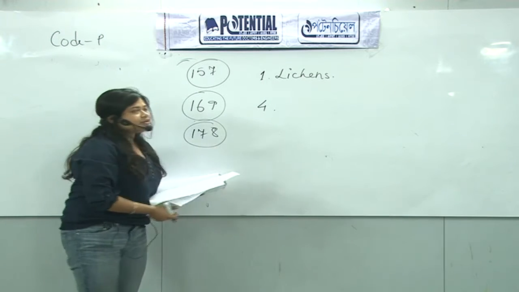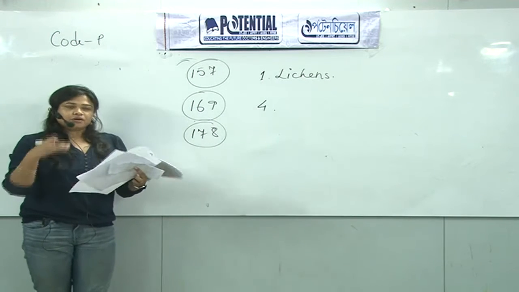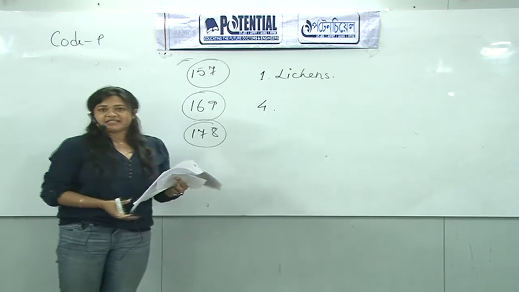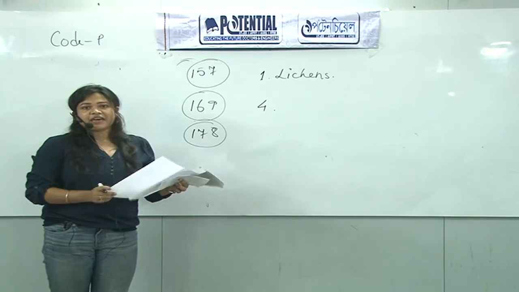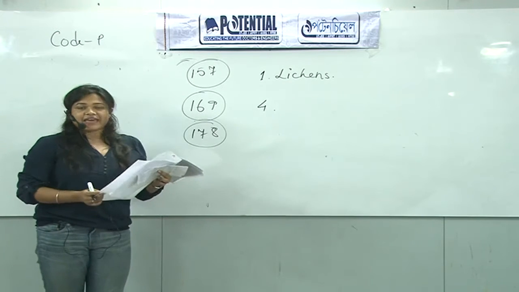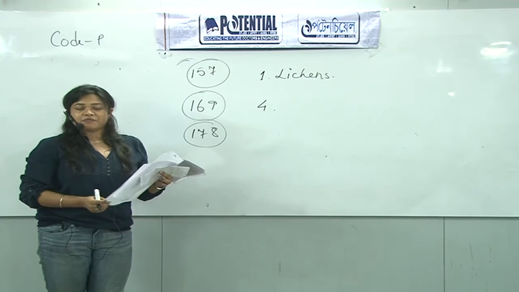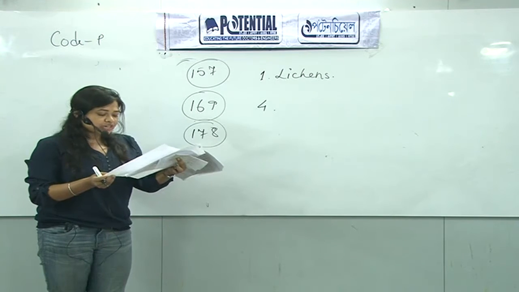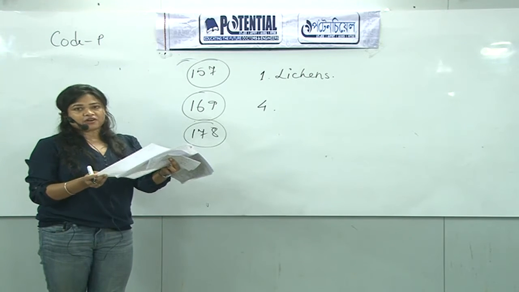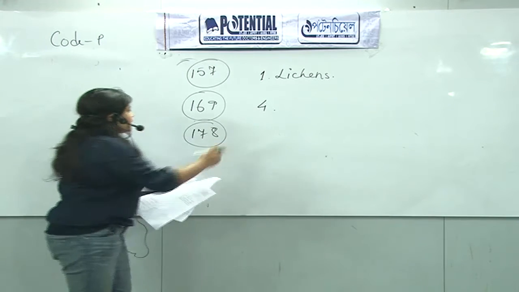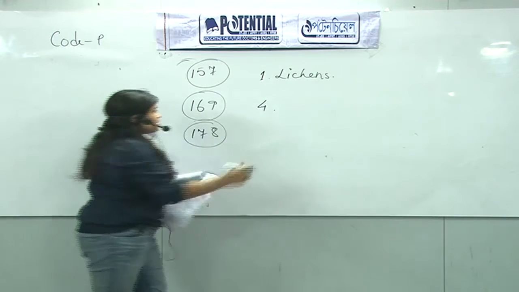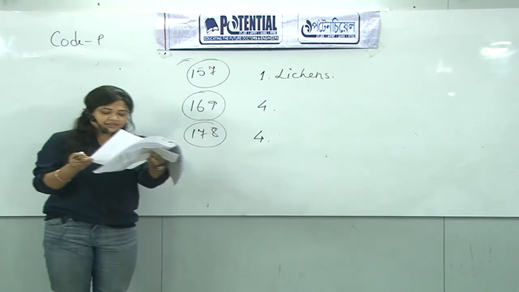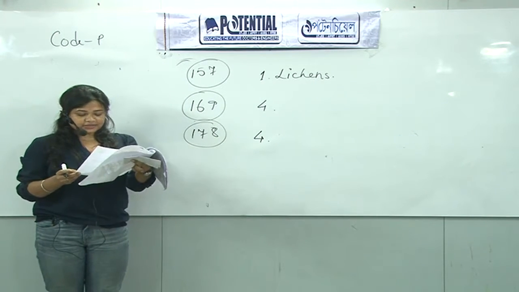When the domestic waste or sewage in a river increases, it increases the organic content of the water body, and there will be growth of algae resulting in algal bloom. The algae will use up the dissolved oxygen, due to which death of fish due to lack of oxygen will occur. So in question 178 the correct option is option 4, that is death of fish due to lack of oxygen. Thank you.